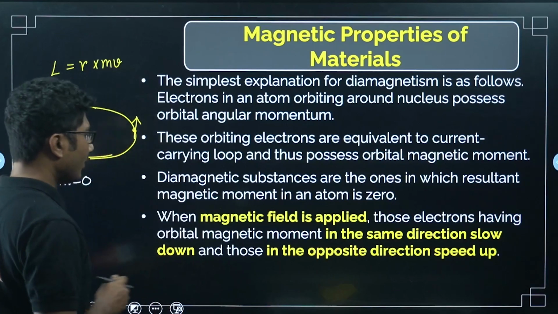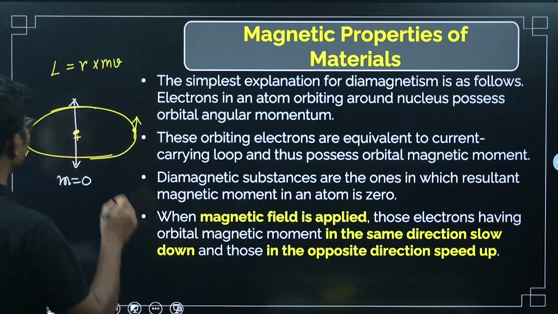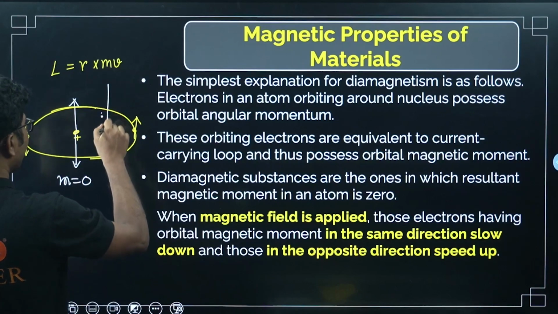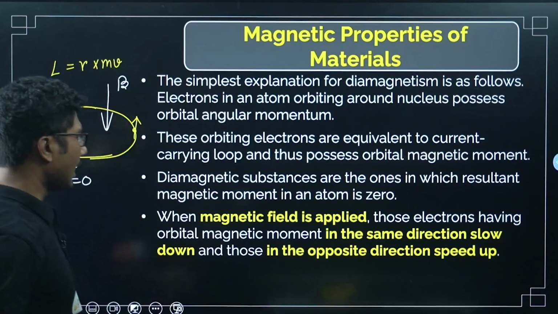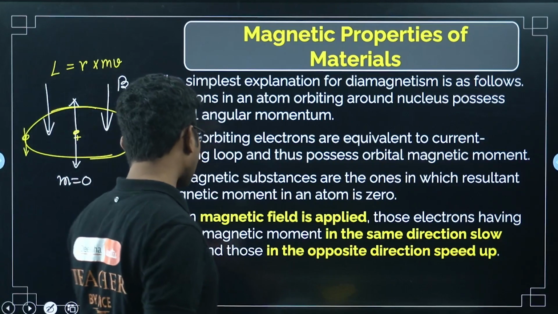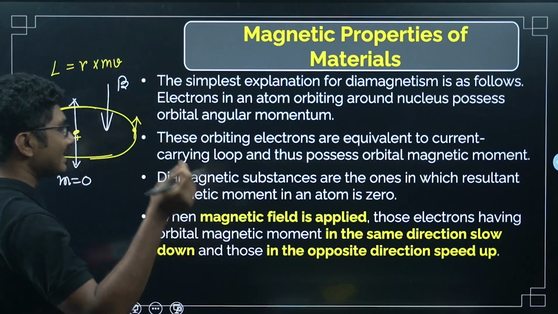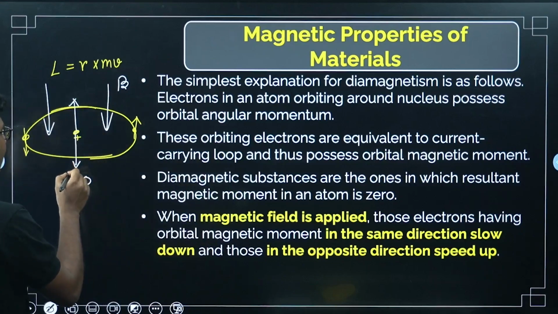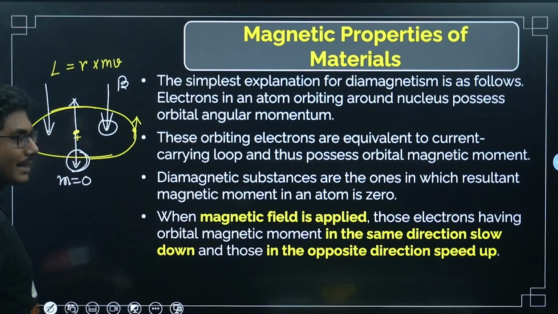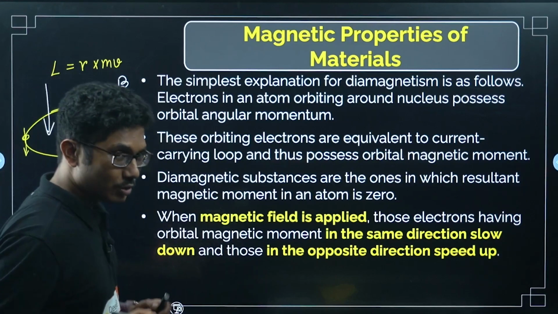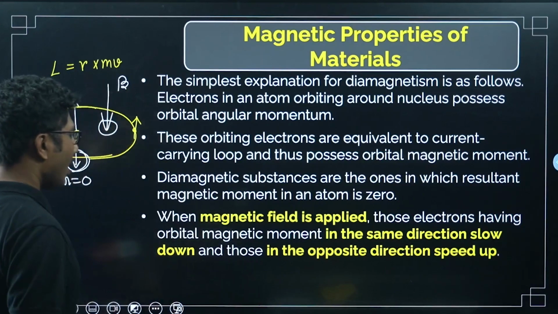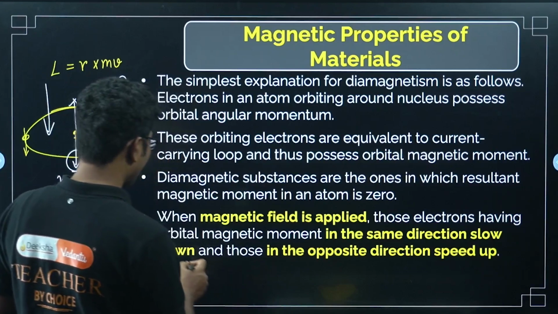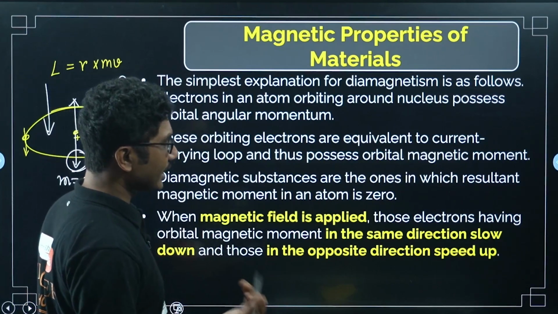Now when a magnetic field is applied, suppose you have applied some external magnetic field B, then the electrons having orbital magnetic moment in the same direction as the field, in this case this and this, they will slow down. Very important, they will slow down. Those in the opposite direction will speed up.